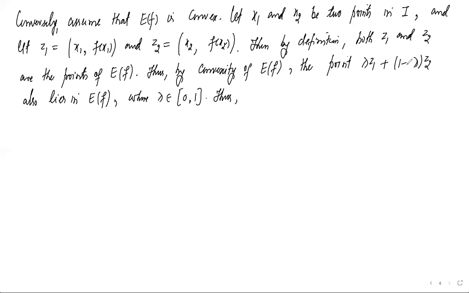So when this point is inside the set E of f, then by definition of E of f, this point can also be written in the form lambda x1 plus 1 minus lambda x2, and the second coordinate is lambda f of x1 plus 1 minus lambda f of x2. So when this point is inside E of f, that ordered pair will also be in E of f.